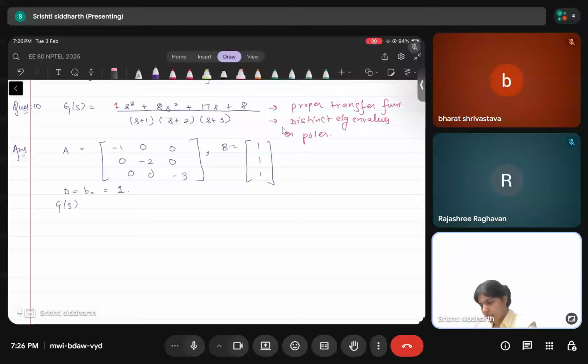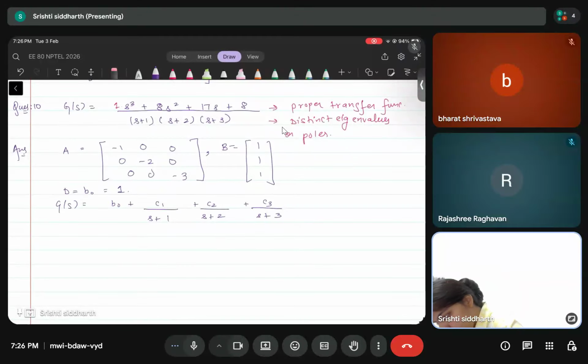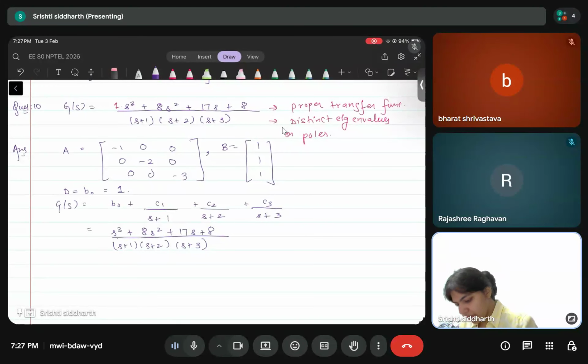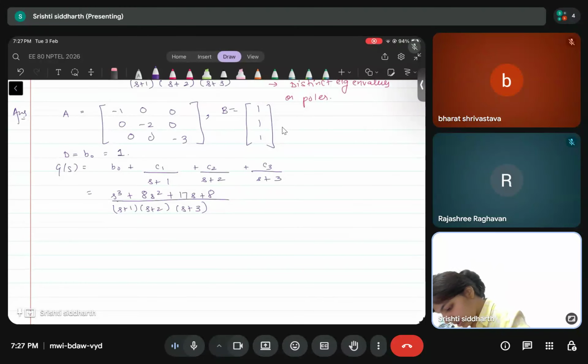G of S is B0 plus C1 over S plus 1 plus C2 over S plus 2 plus C3 over S plus 3, which is equal to S cubed plus 8S squared plus 17S plus 8 over the denominator. Alright, so you can observe that if we cross multiply by the denominator polynomial, this is S cubed plus 8S squared plus 17S plus 8.